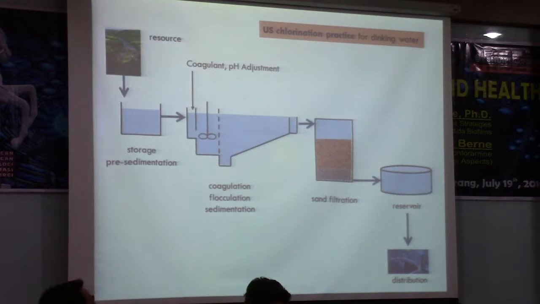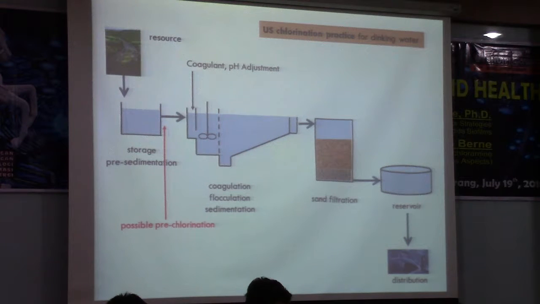And for US chlorination practice, it is quite different. They have the same chlorination, but often they do pre-chlorination, and they do two chlorinations at the output of the plant.